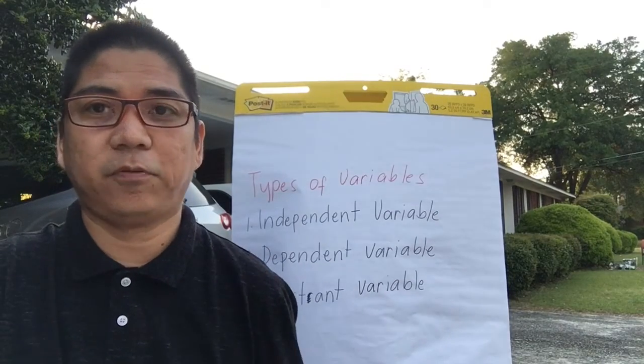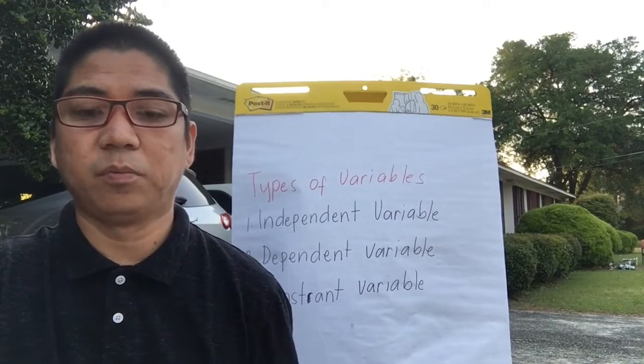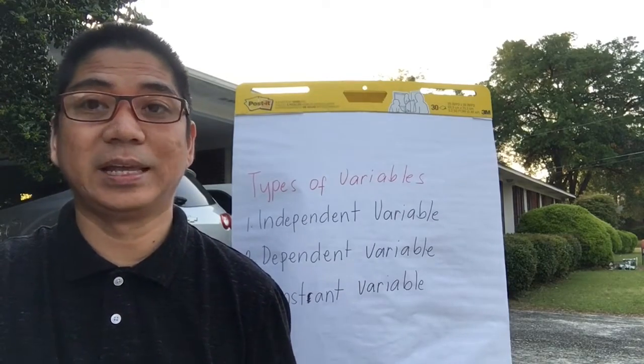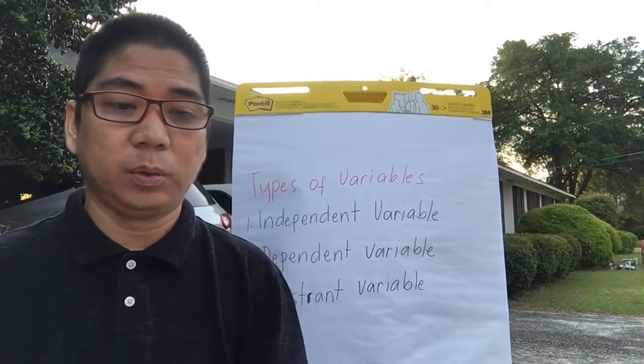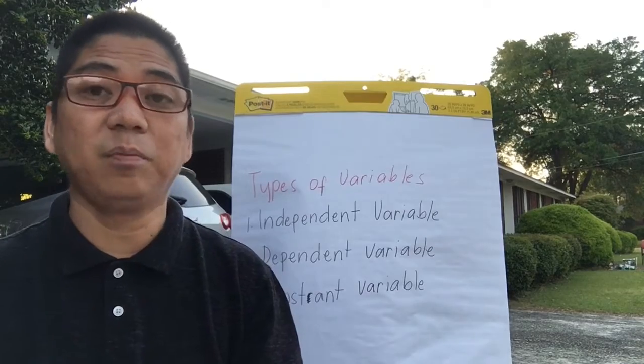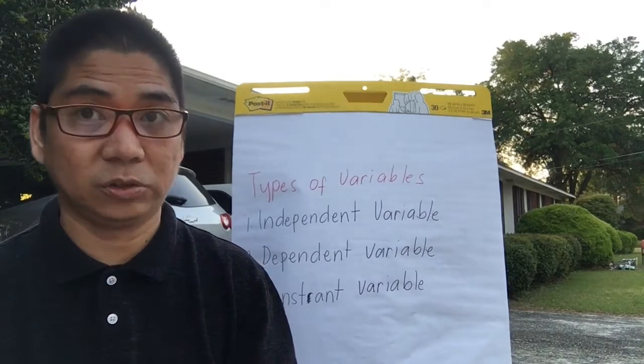Now, let us identify the types of variables based on the worksheets that I have given you last week. Okay, I will help you out so you would be able to identify examples based on this instruction.